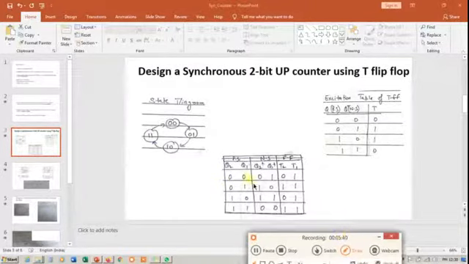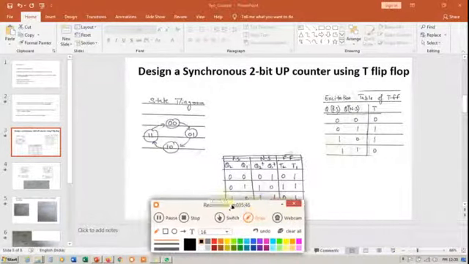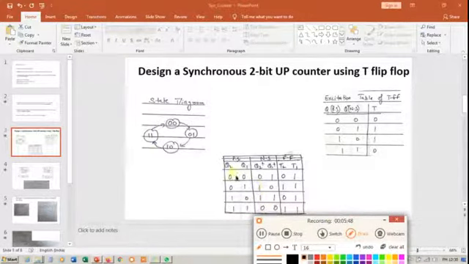For the 0 0 combination, when your Q2 value, this is your Q2 value, and Q2 plus value, this is your Q2 plus value, right?